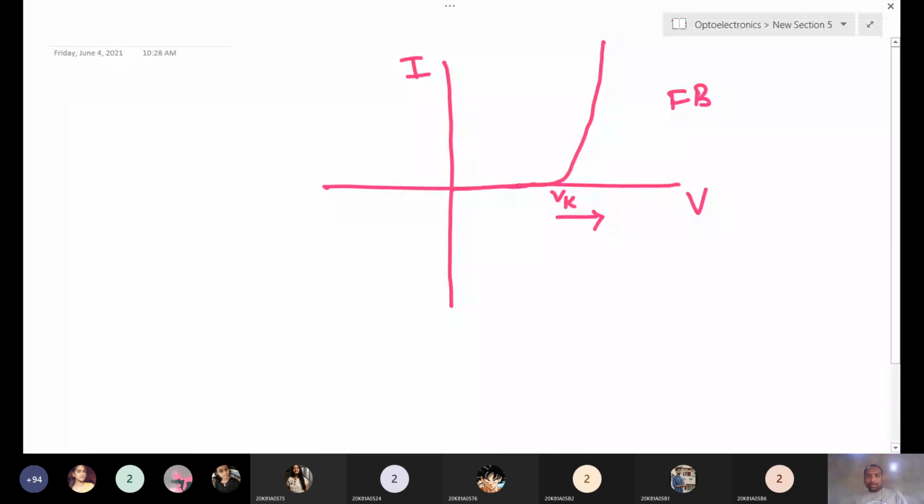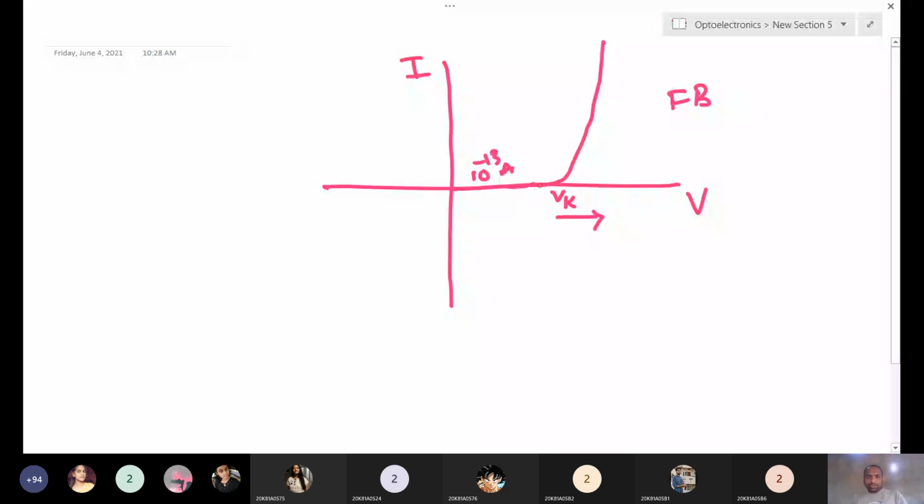Up to the knee voltage there is no current or only a very slight current, about 10 power minus 12 amps, or minus 13, that is very little current. After that the current will increase.